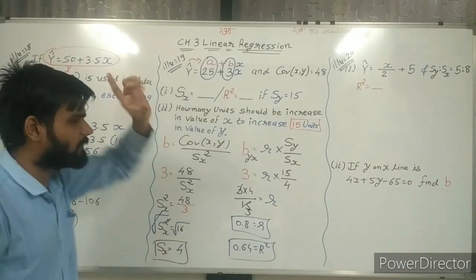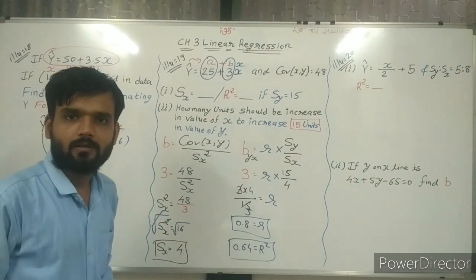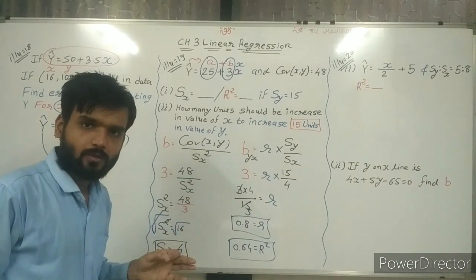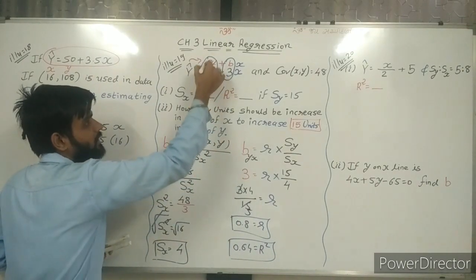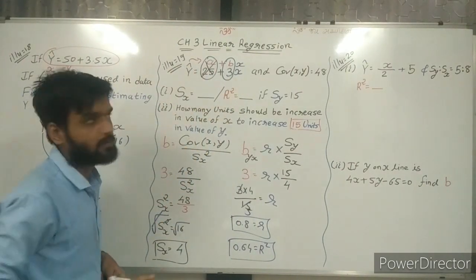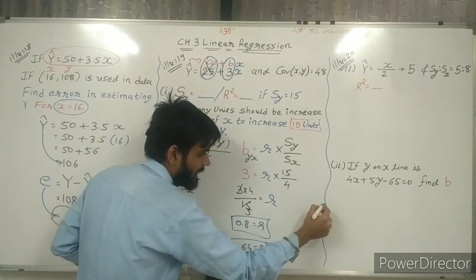Whenever this type of question is asked, don't worry about it. We are comparing. Here, don't consider this 25 and take these two things, and I am writing that here.